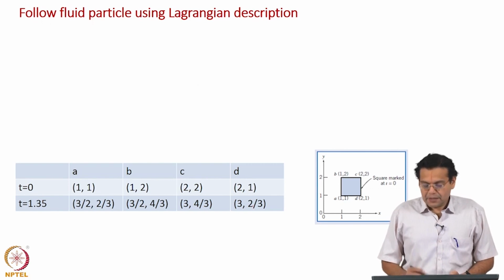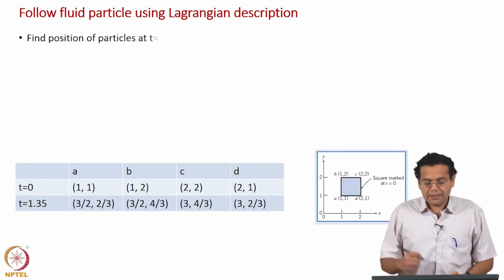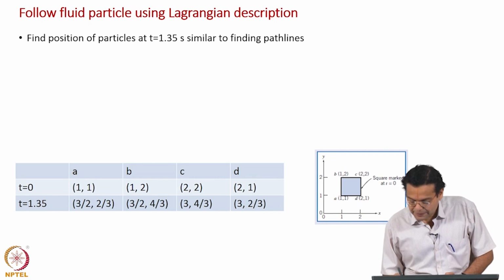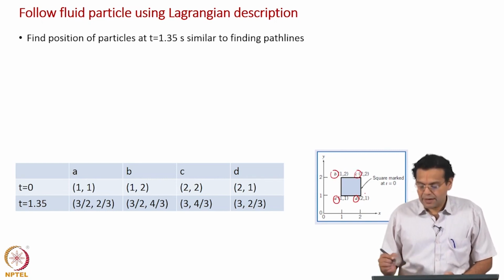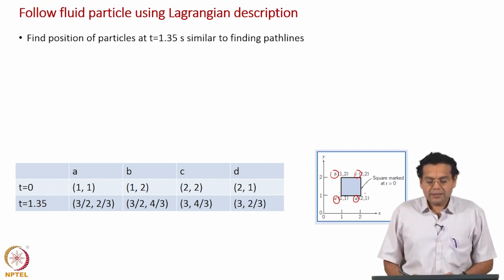Tracking a particular point is something similar to what we had done earlier. If you track a particle, it is equivalent to finding the path line of that particular particle. So, find the position of the particles. We have 4 particles A, B, C and D. We will have to evaluate their positions after some time interval, which is nothing but finding the path line.